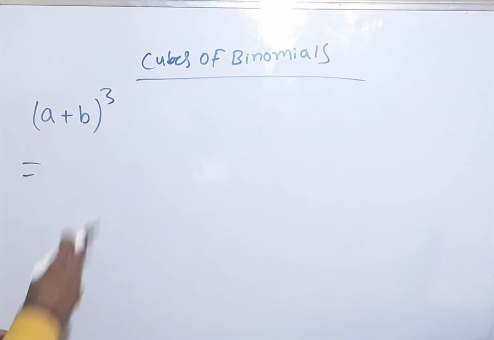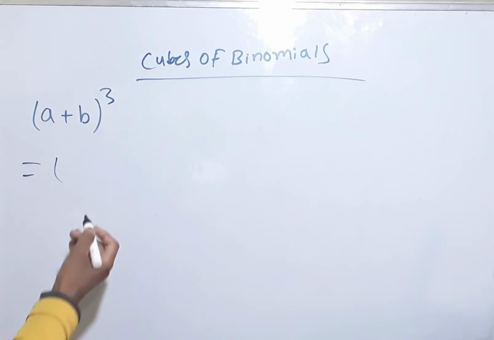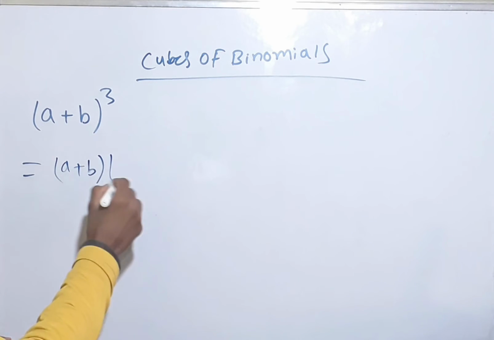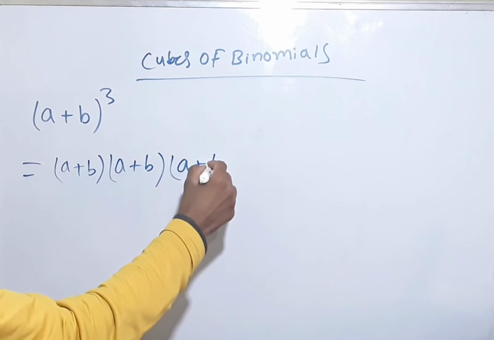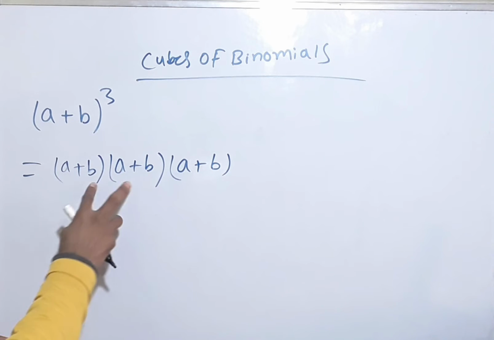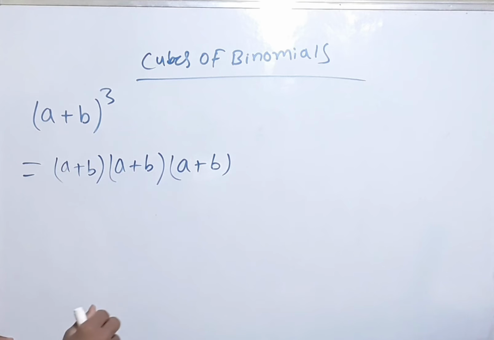To figure out what this is equal to, we can find the product: the same thing as a plus b times a plus b times a plus b. We would have to multiply the first two, then multiply the result by the third, but that would be a very tedious process.